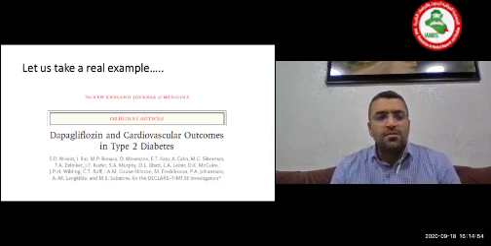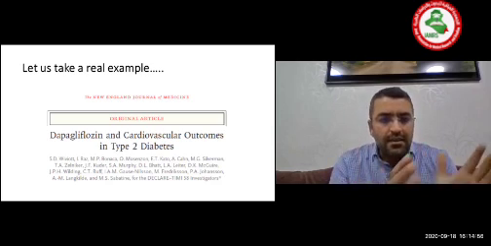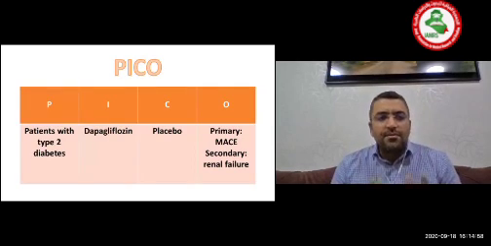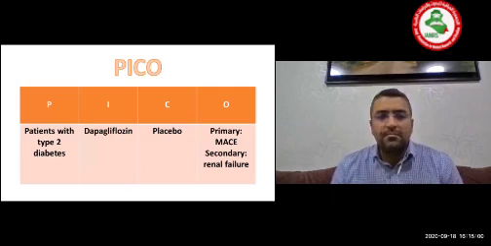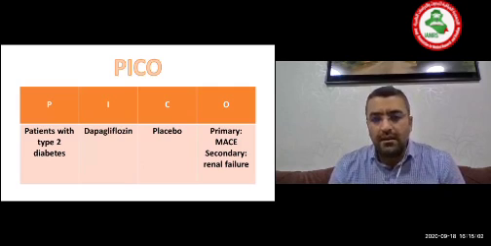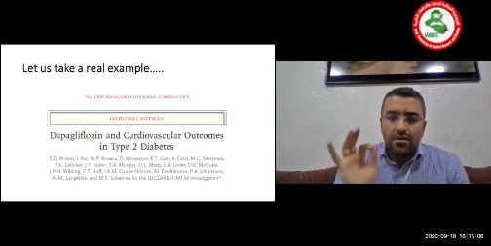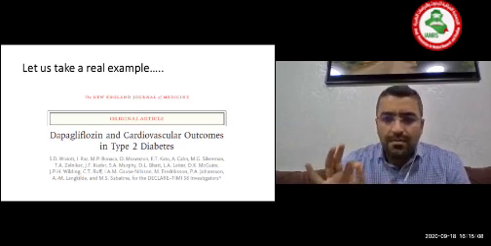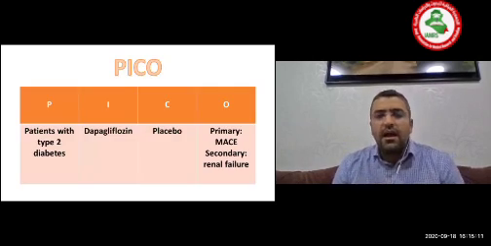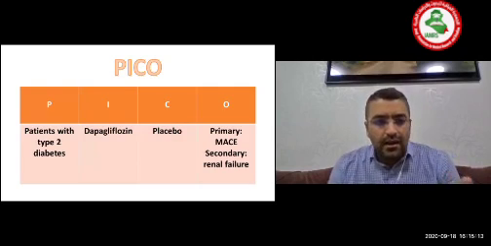Okay, so let's apply this in the PICO. The P here is clearly patients with type 2 diabetes. Remember? So the patients of the study are people with type 2 diabetes. The intervention, the I, is the drug itself, dapagliflozin. Okay?